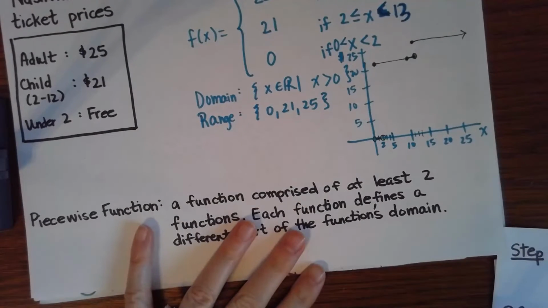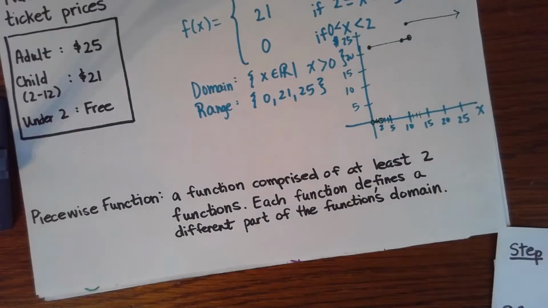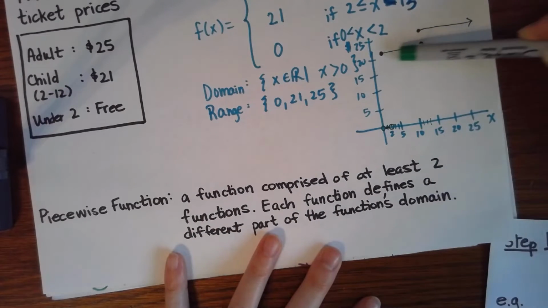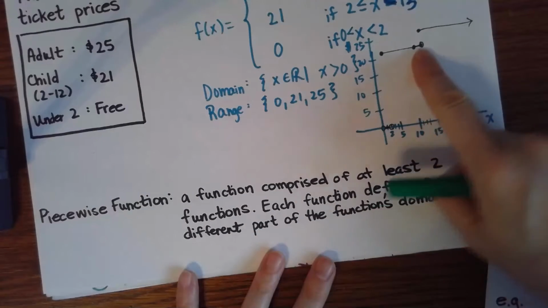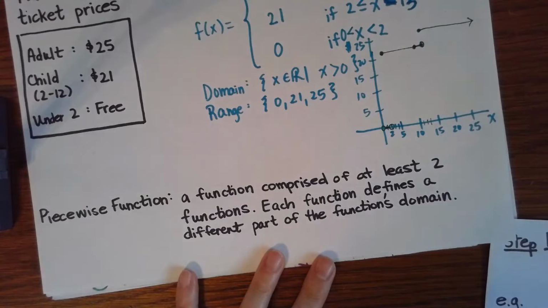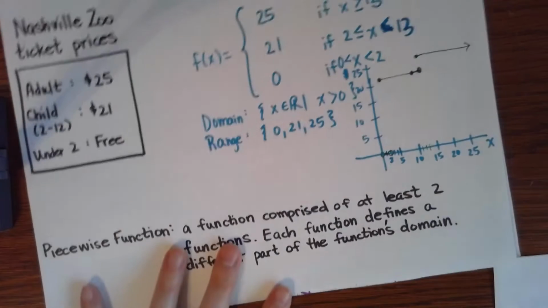Okay. That was a better way to write the zoo's price structure. Okay, so anywhere up to 13 is going to be $21, and then 13 and older is going to be $25. Okay, so that is an example.